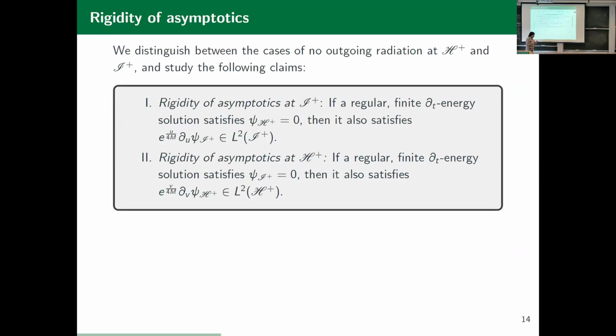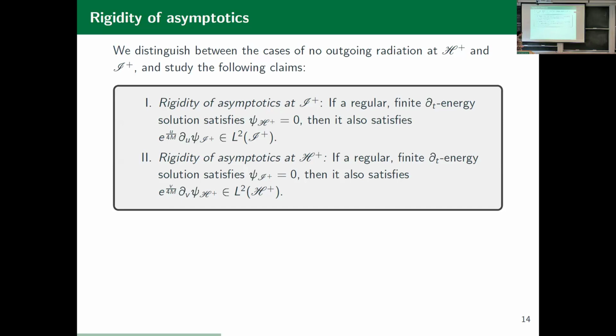Okay, so based on that ODE, I already said that we should expect to be able to perturb the radiation field by something that decays exponentially at a rate. And so I'm going to examine these two claims. If we have a regular finite partial T energy solution which has no radiation at H plus, then the radiation field at Scri plus should decay exponentially, in the sense that e to the u over 4m d_u psi at Scri plus is in L2.